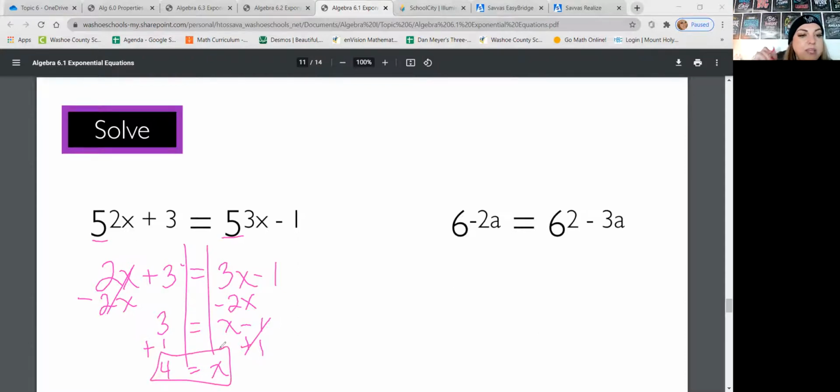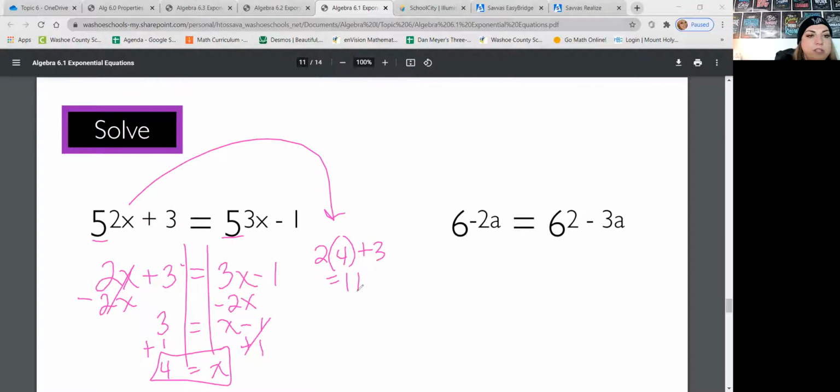Now, that doesn't mean that the exponent is 4 for both 5s. We need to plug it in and see what the exponent actually is. So 2 times 4 is 8, plus 3 is 11.